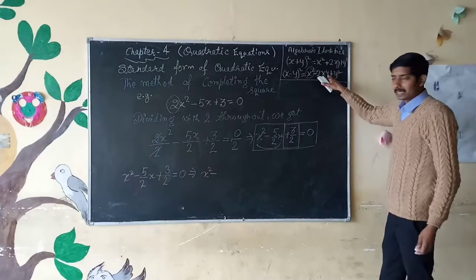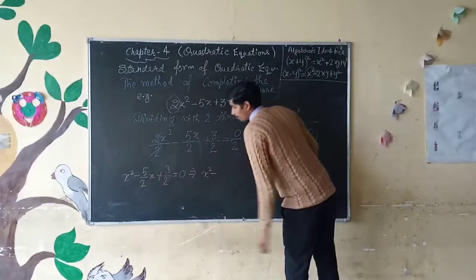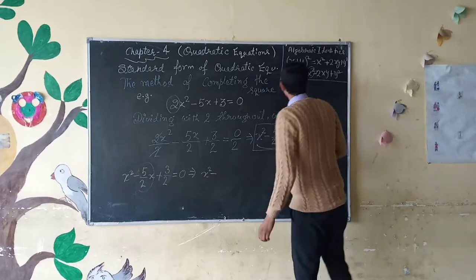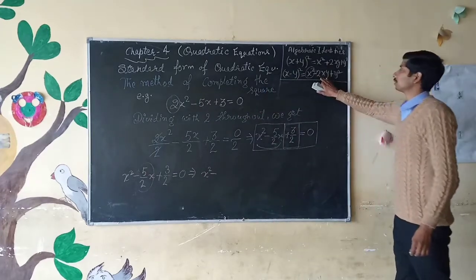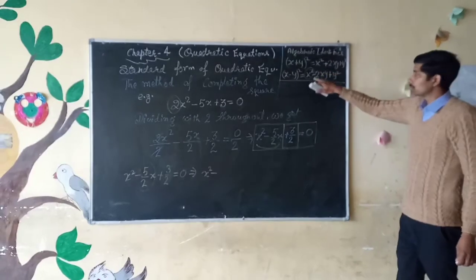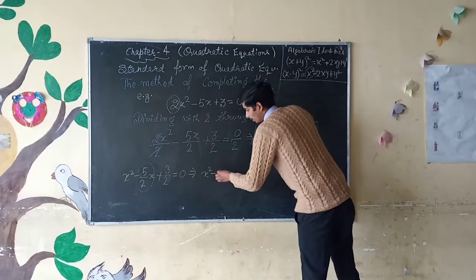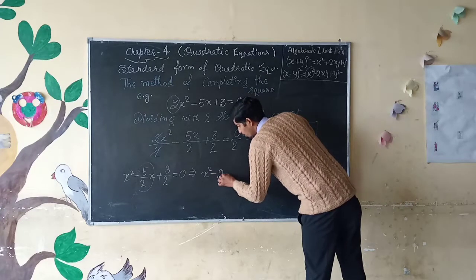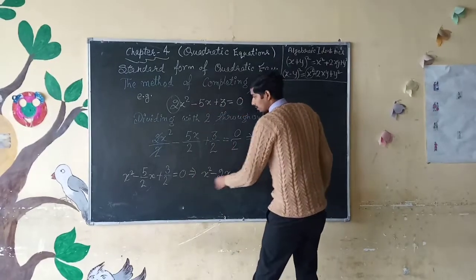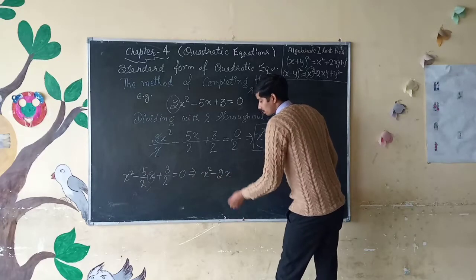According to this identity, we will write the middle term in such a way that we can get this algebraic identity. How? See, minus 2x, we write here 2 and x, meaning this x and 2, according to the identity.